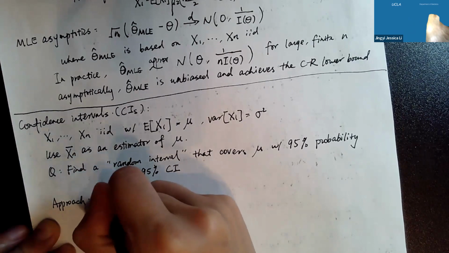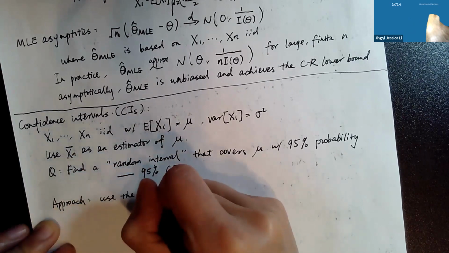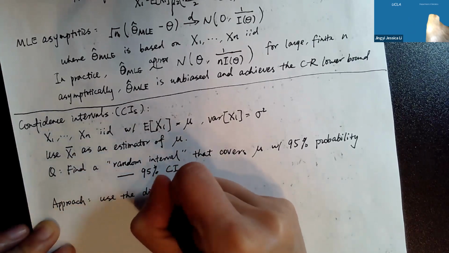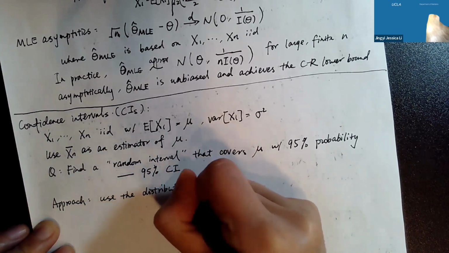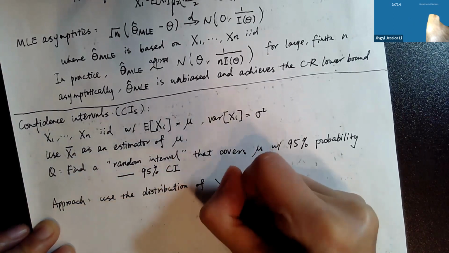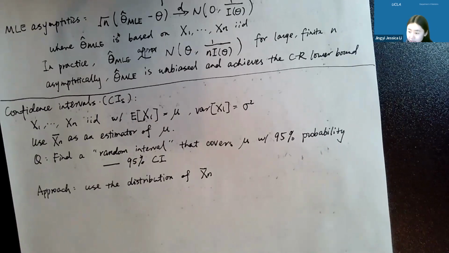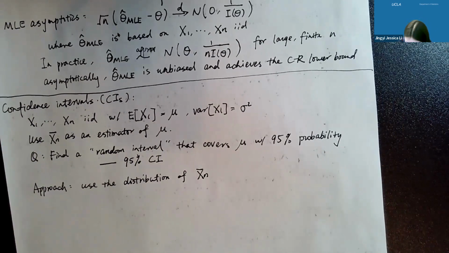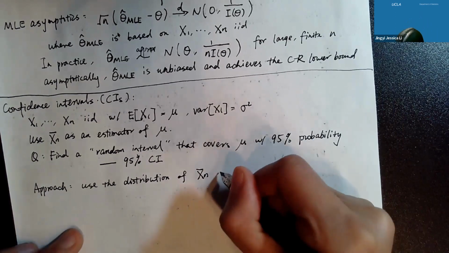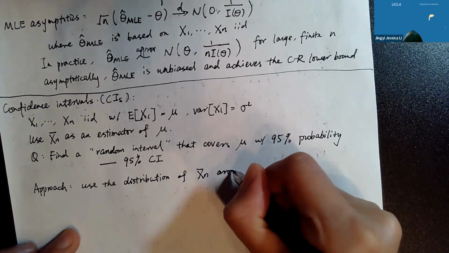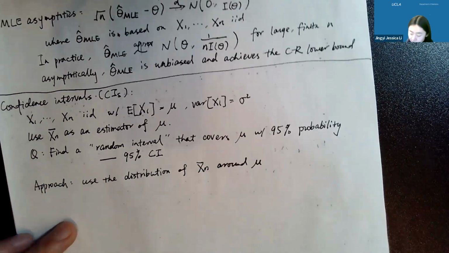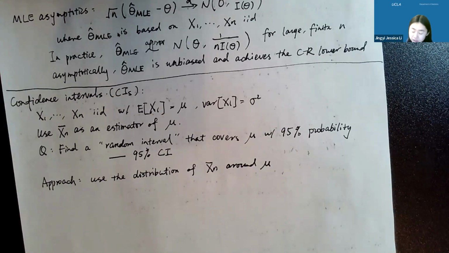The approach is to use the distribution of X_n bar and see how this distribution is around mu. We use the central limit theorem to give us the distribution.